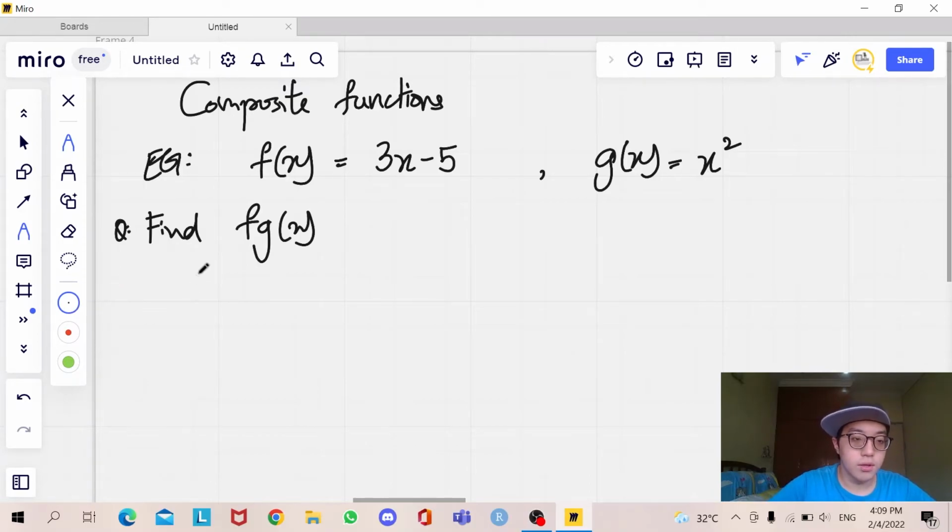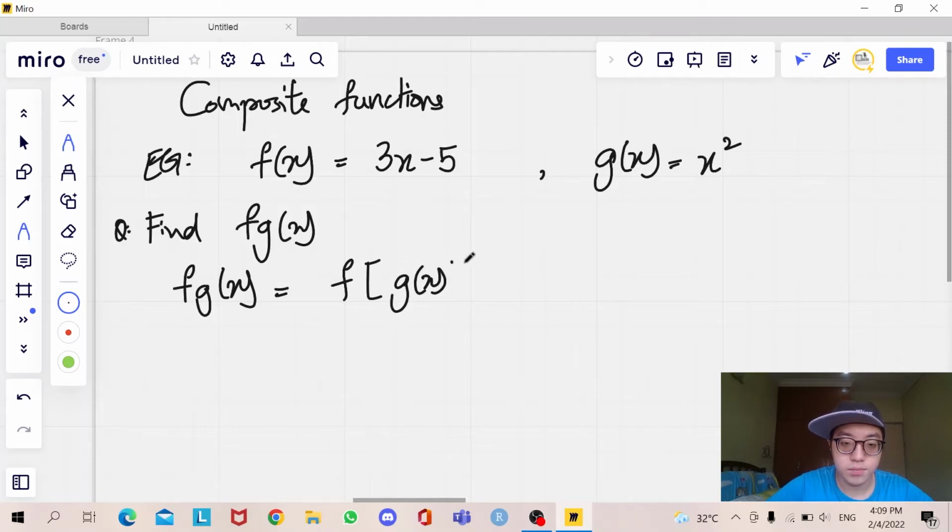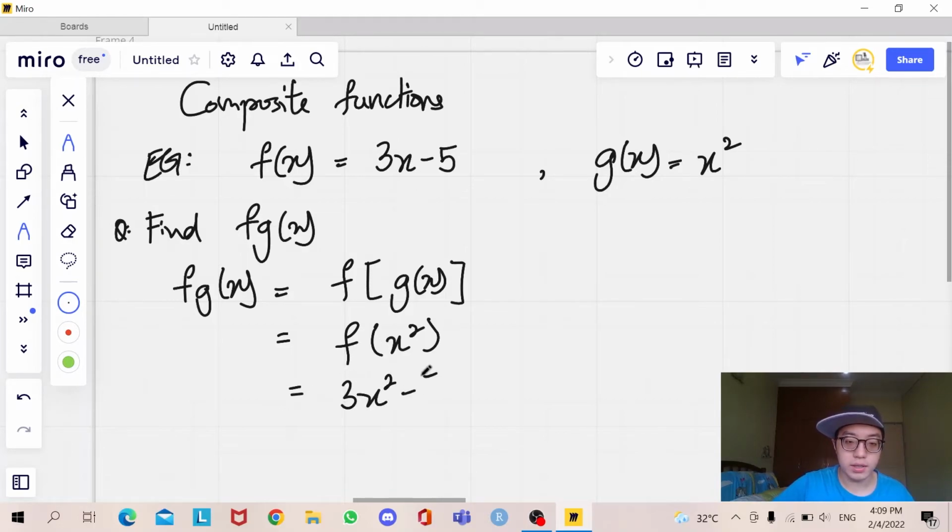First step here, fg(x) is equals to f bracket g(x). This is the first part you need to do. Then the second one, you will sub g(x) inside, so it's f(x squared). Then lastly, you just need to change the x to x squared. Then you will get 3x squared minus 5.